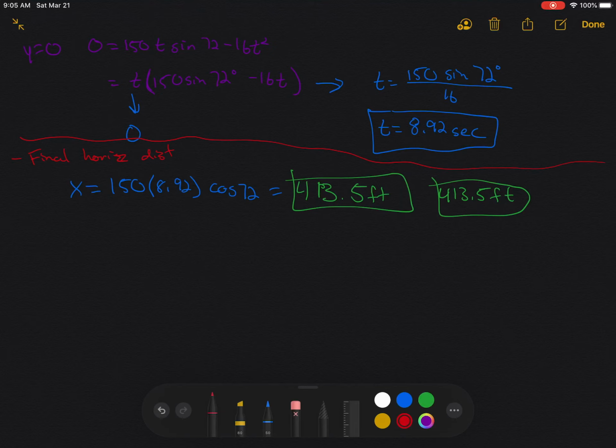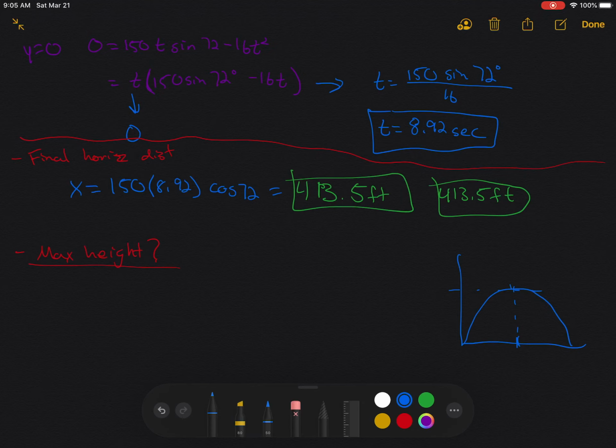Next question, what's the maximum height? To find the max height, we know that our graph is a parabola. So our max height is going to be the midpoint of our graph.